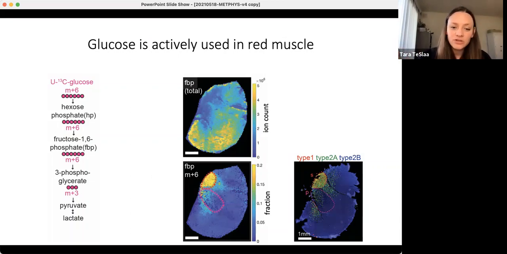But what is even more striking is that you can see the redder regions of the gastrocnemius muscle and the plantaris muscle are also labeling more than the whiter regions, which seems to really confirm our conclusion that red muscle is very actively using glucose and glycolysis.